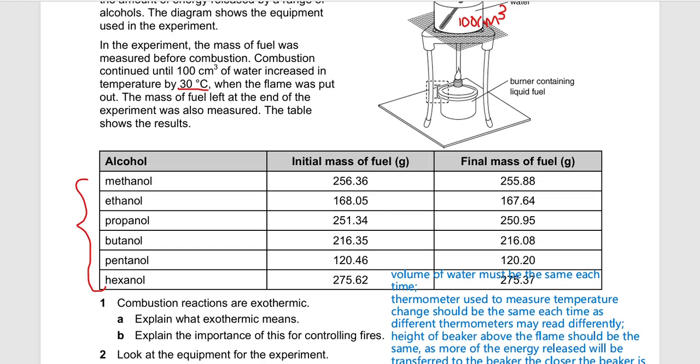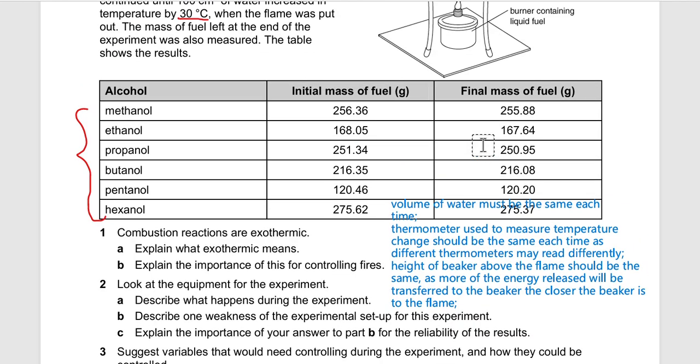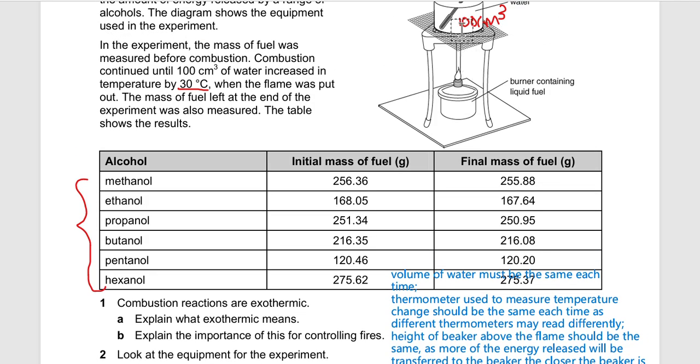Another thing is the height of the beaker from the flame. This height also needs to be the same. Why are we saying that? More of the energy released will be transferred to the beaker. Some of the energy is going out, but most of it is transferred to the beaker, right?